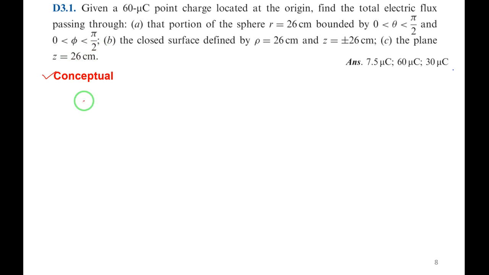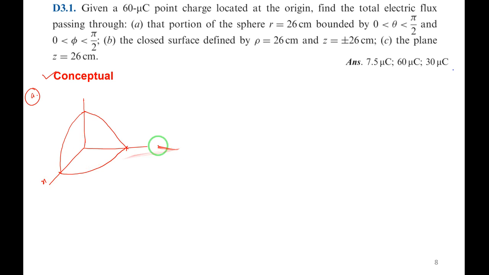I will draw it like this. Observe here. Part A. 1/8 of a sphere is formed, because radius r is 26 centimeter, theta is 0 to 90 degree, from here to here.